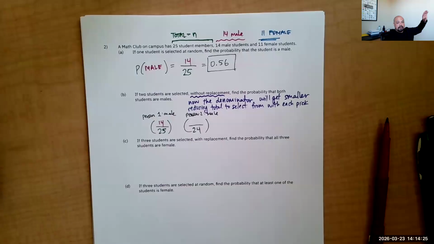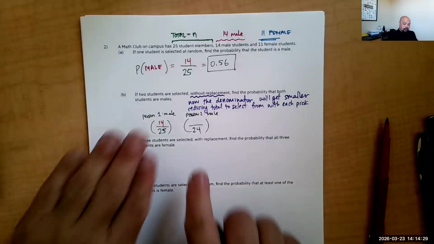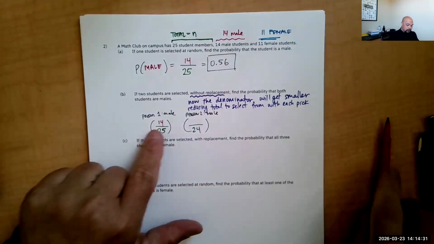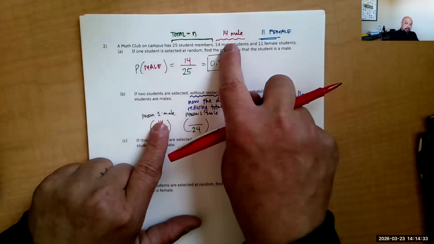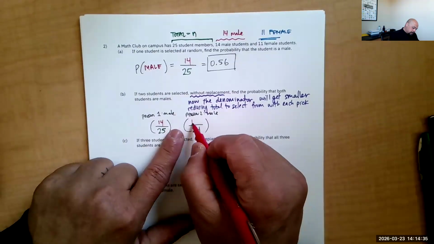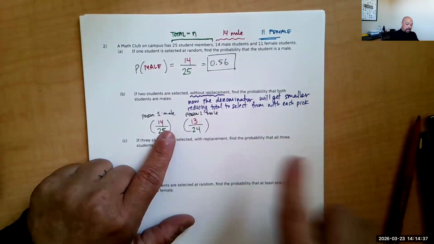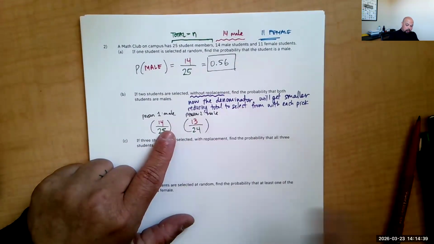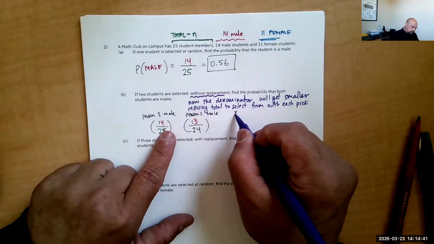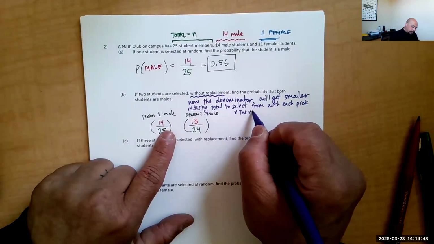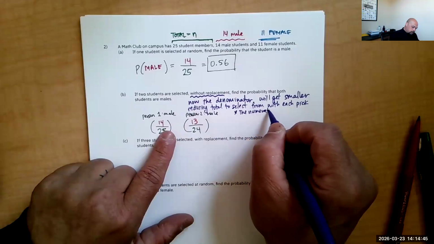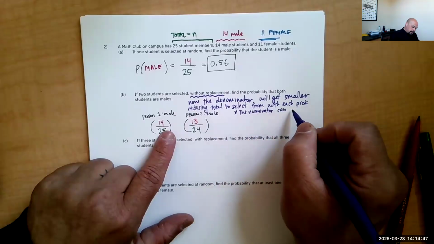We have the first person pick come up to the front of class. Now, when I go to make the next selection, there's only 24 people sitting out there. If the first person is a male, now there's only 13 males left. So notice that both the denominator getting smaller, but also the numerator can change.